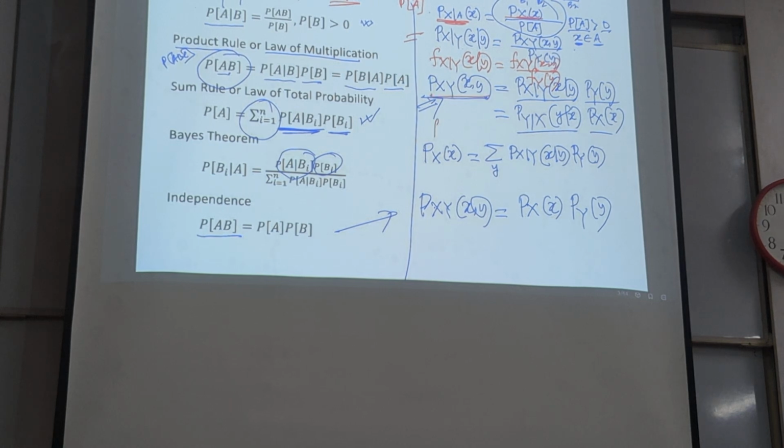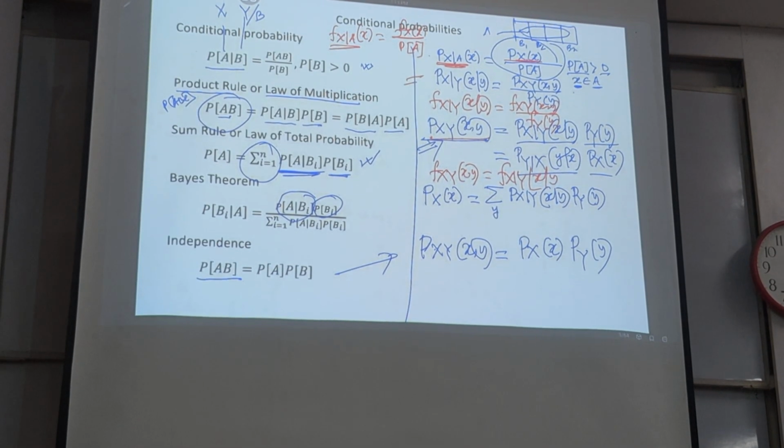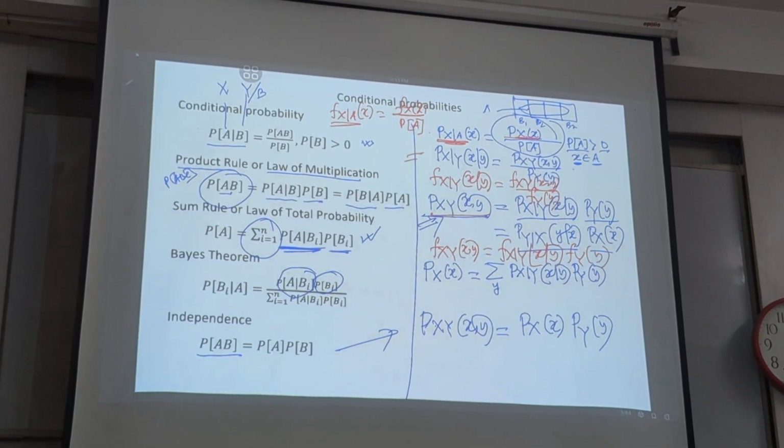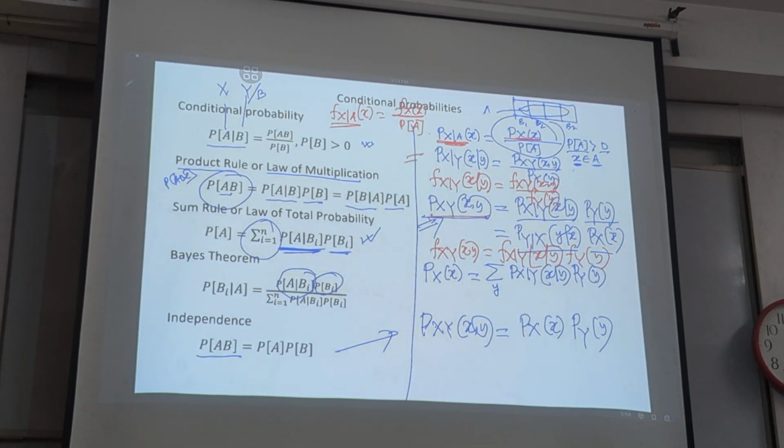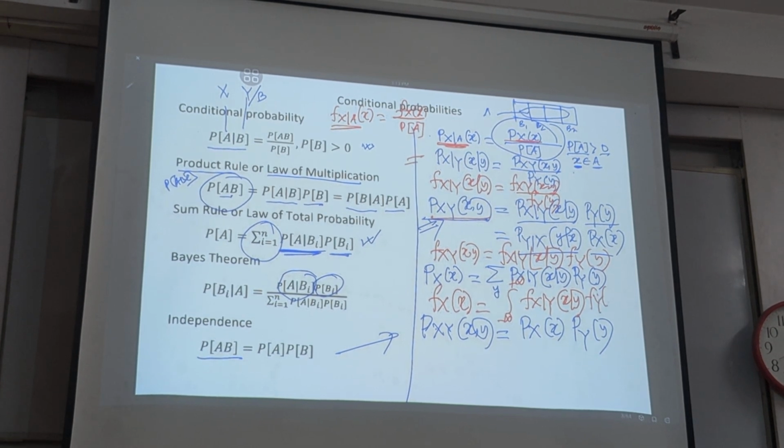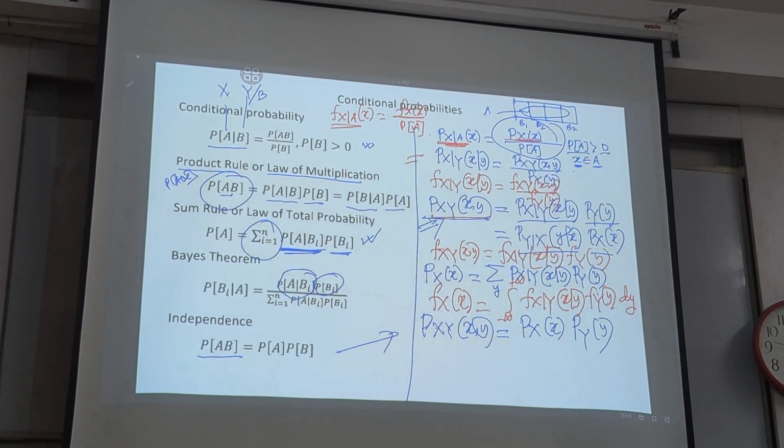The joint PDF of X and Y will be the conditional PDF of X given Y times the marginal PDF of Y. The law of total probability gives the PDF of X as the integration of the conditional PDF of X multiplied by the PDF of Y. The addition will be replaced by integration; here we have addition, here it will be multiplication.